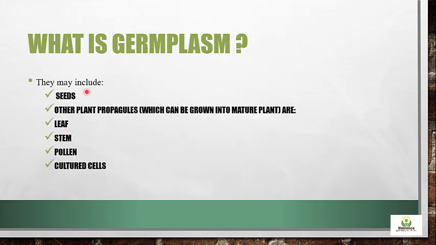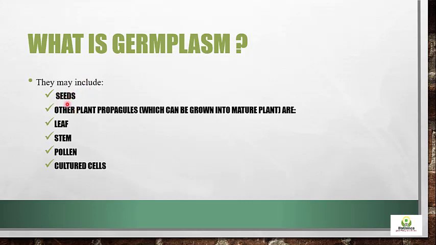So from where are we going to conserve germplasm? What is the source of germplasm conservation in plants? As our topic is plant tissue culture, we are concerned mainly with plants. Those germplasm sources may be the seed.